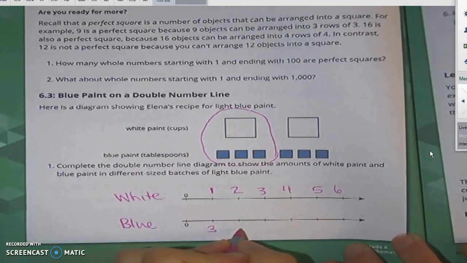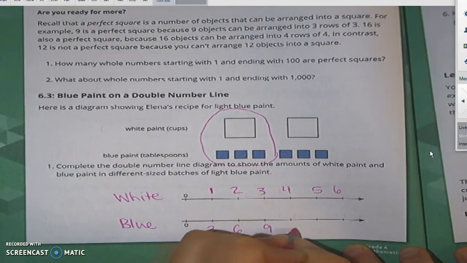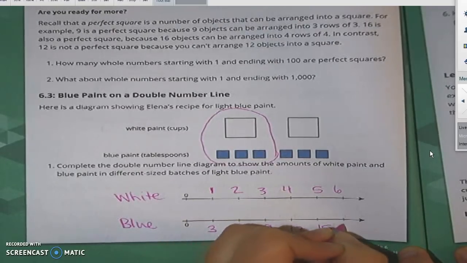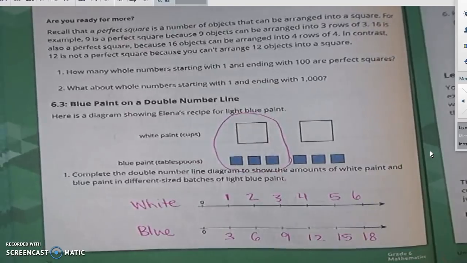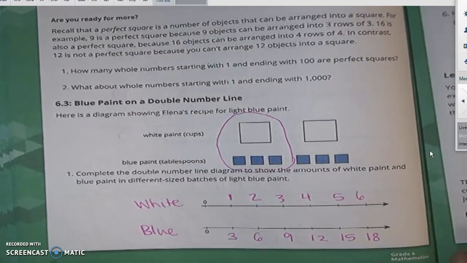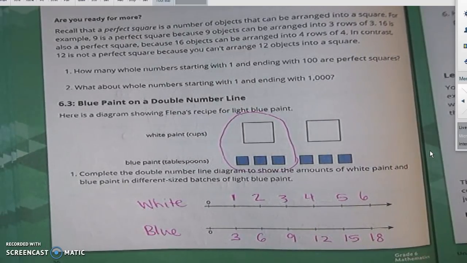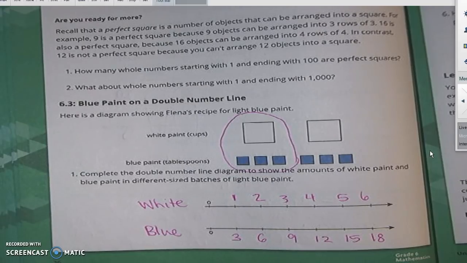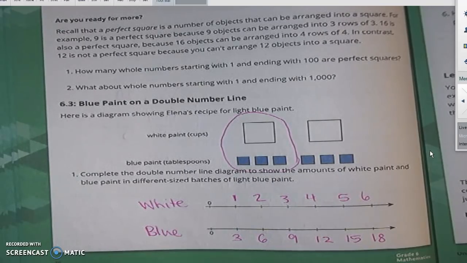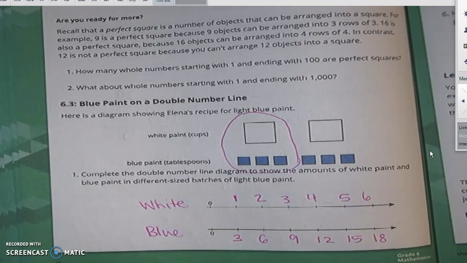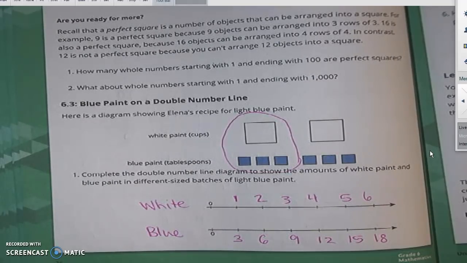My blue is going up by 3s. Okay, so then number 2, compare your double number line diagram with your partner and revise if needed. So if you need to revise yours, you compared it with me, revise yours.